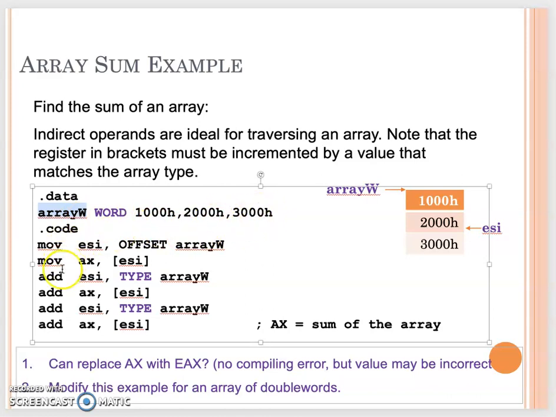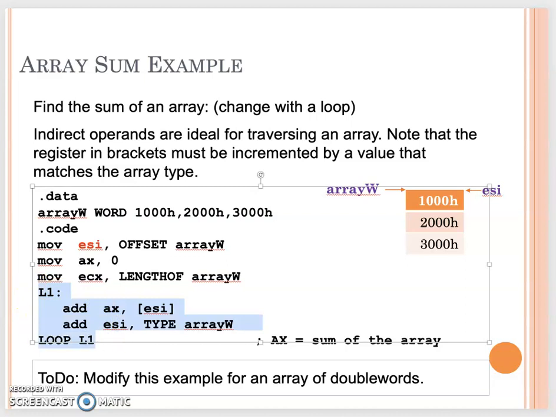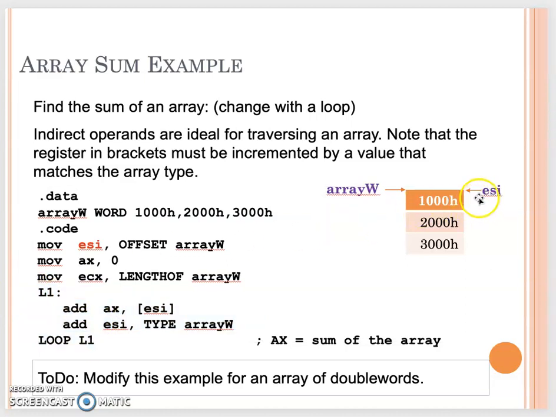So how can we use the loop instruction to update this example we had on Tuesday? Now you know the loop instruction, you know how to write it. So you still have your ESI save your array W address, and you have your AX keep the sum.